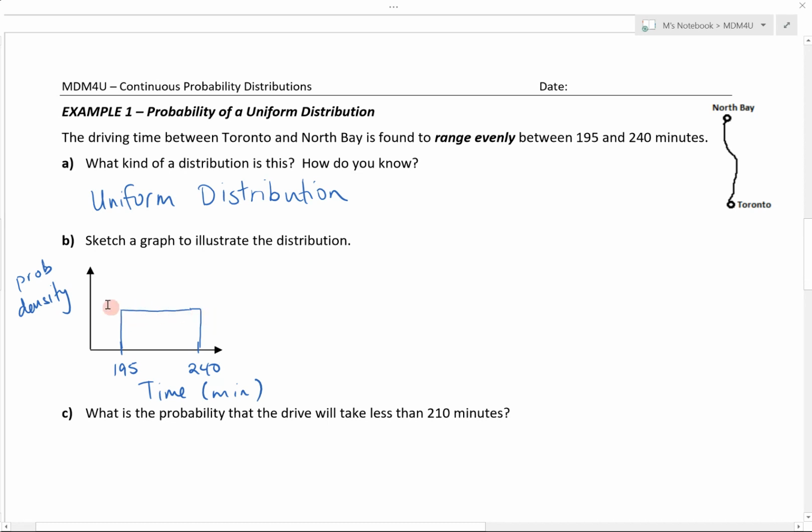So what does that mean? The entire probability distribution must equal 1. So the area under this line here, all of this, must equal 1. Let me write that here. The probability distribution must equal 100%, or 1.